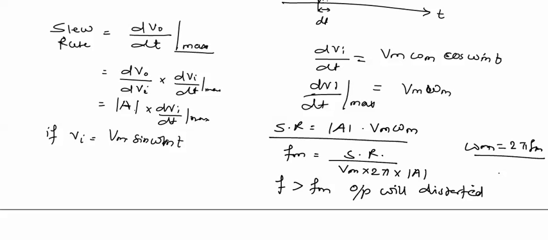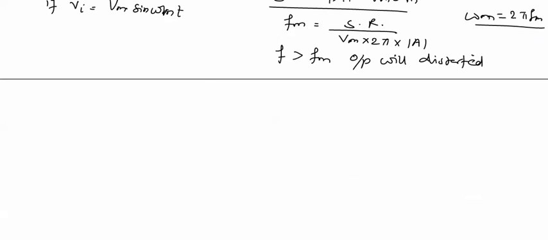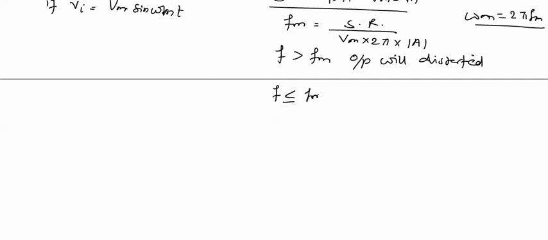We have already seen in step signal there is a sudden rise. Sudden rise means there is infinite frequency. For such a high frequency input, output will not be same as input, so there is distortion. If f is greater than fm, there will be slew rate distortion. If f is less than or equal to fm, then output will be free from distortion.